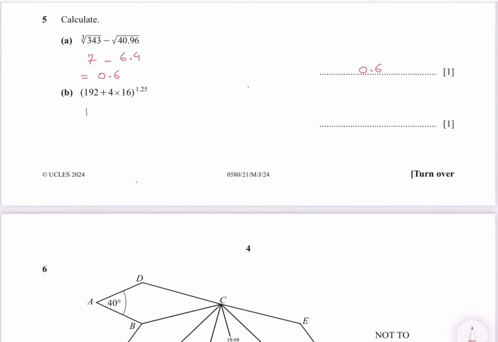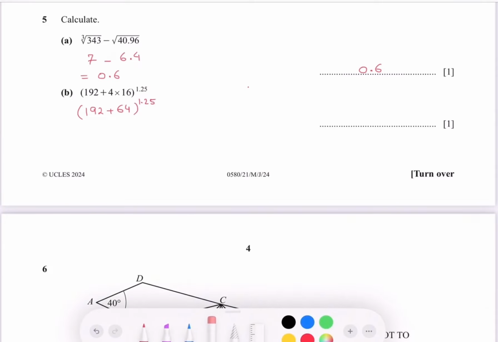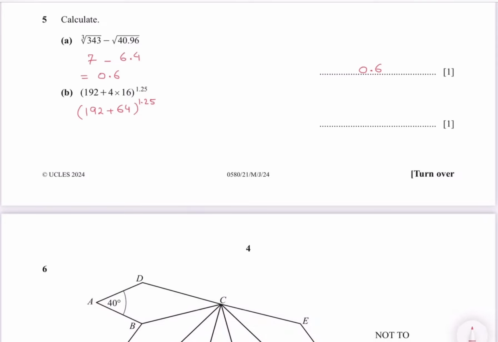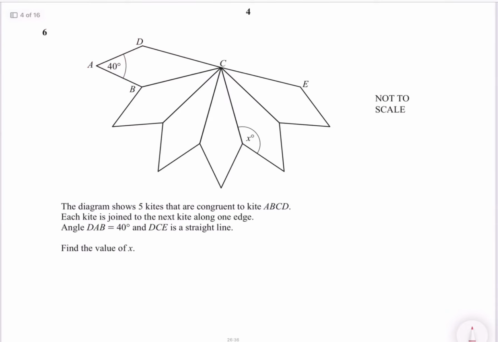So 192 plus 14 into 16, which is 64, power 125. You can use a calculator here to find out the final value. So 1024 is your answer.